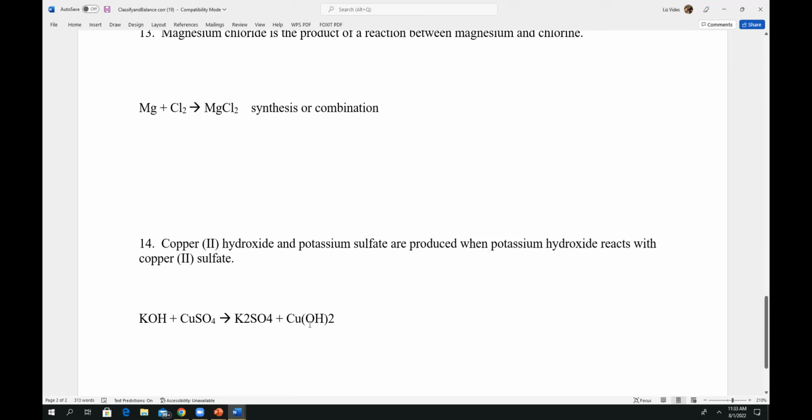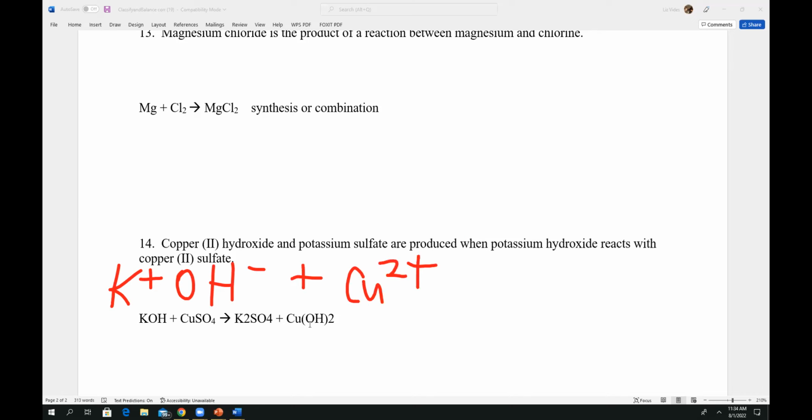So when you decompose these two, and this is what you should always do, you should decompose them into their ions. So you're going to get a K plus and an OH negative. That is going to bond to a copper 2 plus and an SO4 2 negative. That's what you have on the right.